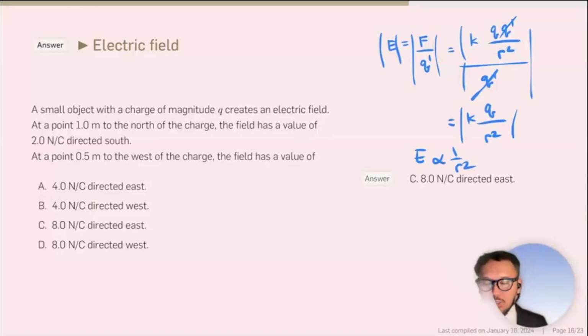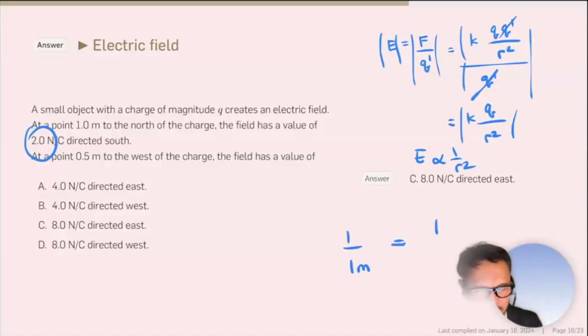Since the distance decreases by a factor of 2, from 1 meter to half a meter, the value of the field should increase by a factor of 4. So if initially 1 over 1 meter squared, it becomes 1 over (1/2 meter) squared, and this is equal to 4x. So 2 times 4 is 8.